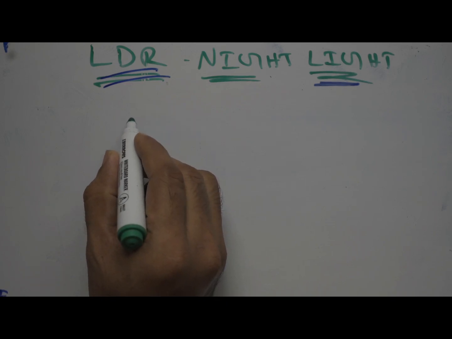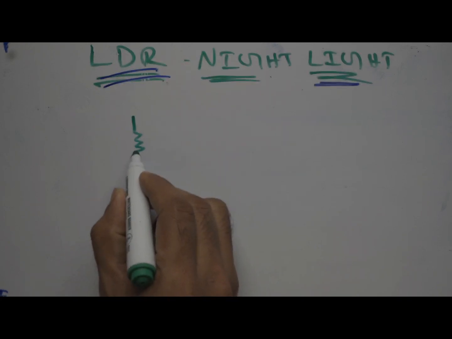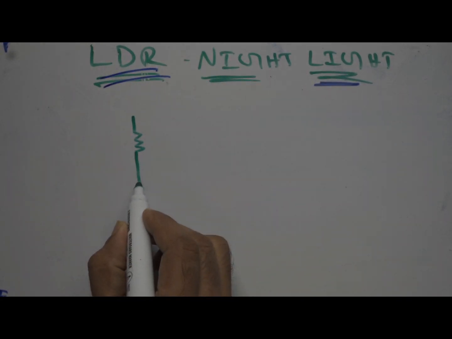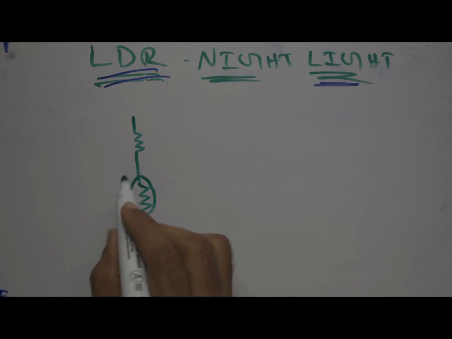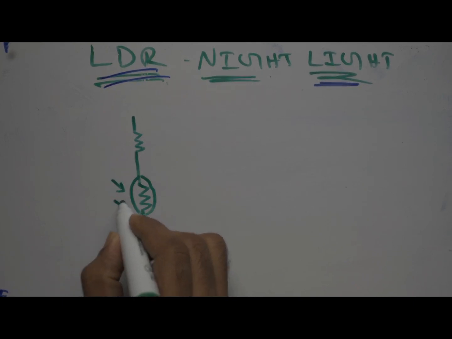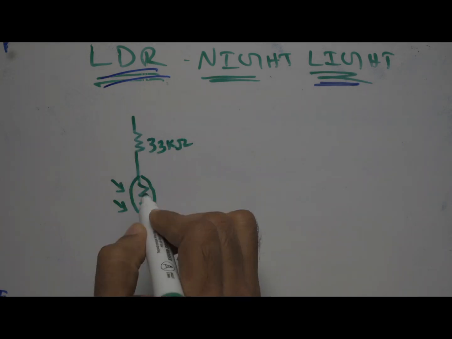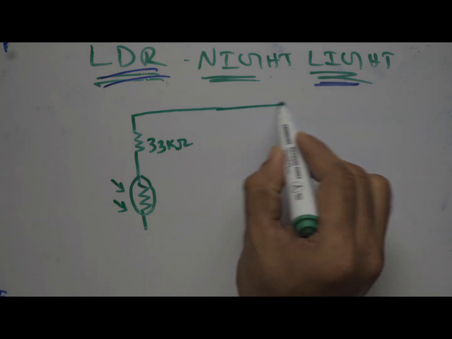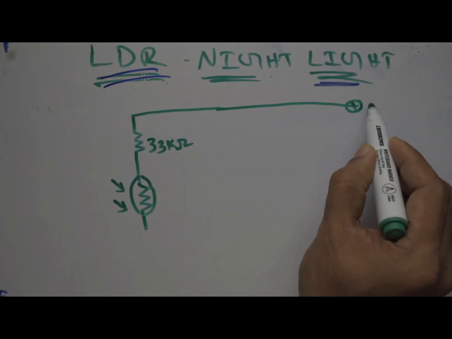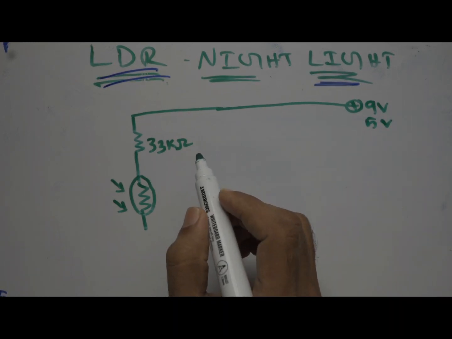So our circuit is very simple. This is the LDR, and this is a 33 kilo ohm resistor. This acts as a voltage divider circuit. This is 9 volt or 5 volt depending on what load you are going to put in.